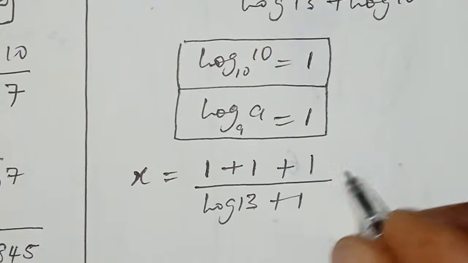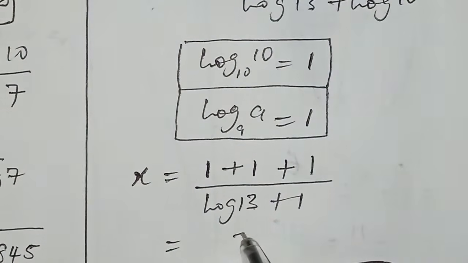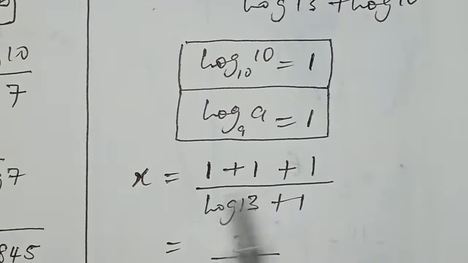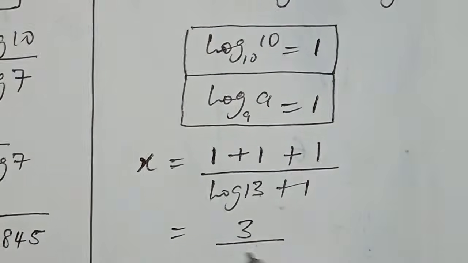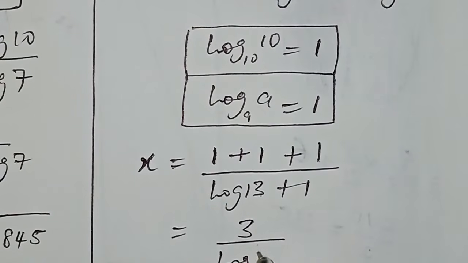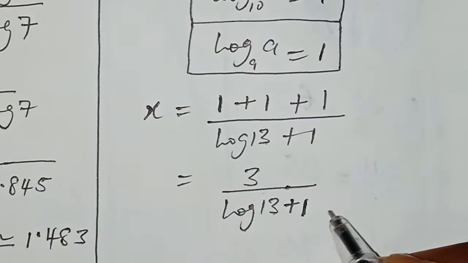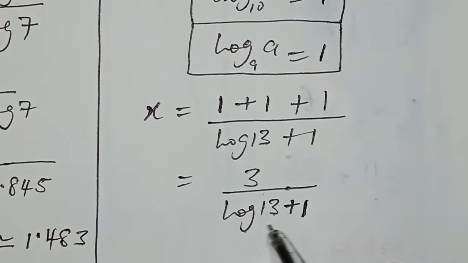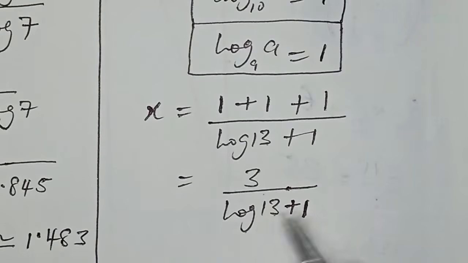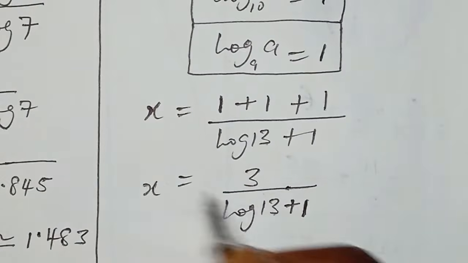Now if we add the whole of the numerator, we have 3 over log 13 plus 1. Now we simplify this. We need to find log 13 with our calculator.